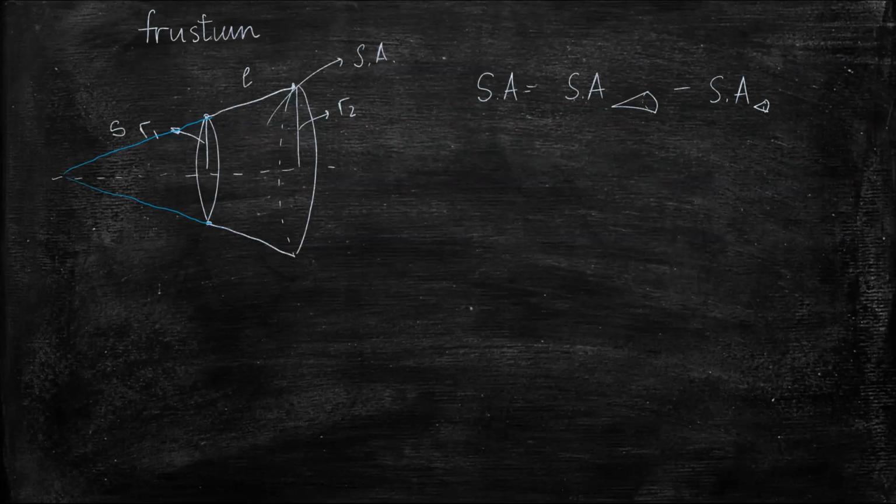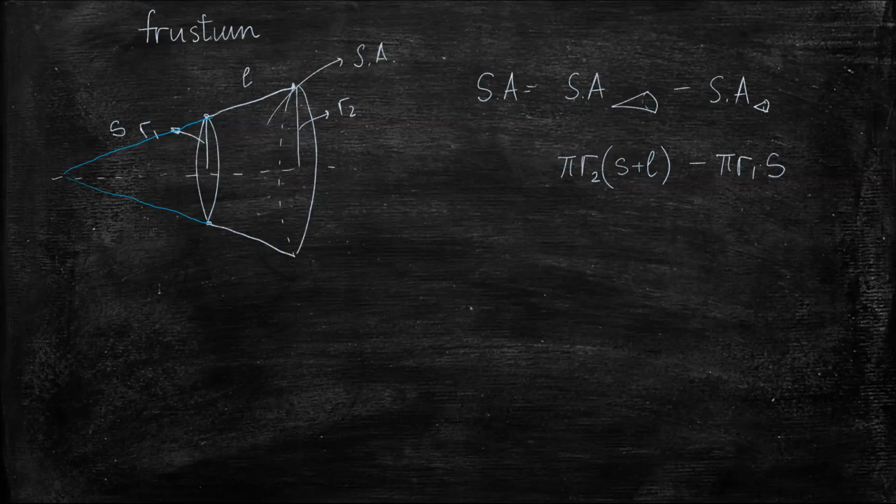Let's call this S. So this piece of a line segment, and then the surface area of the bigger cone will be pi r2, and remember it's that L, but in this case the L is the sum of these two lengths, so it's going to be S plus L, and the surface area of the smaller cone is simply pi r1 times S. So the only problem is that we don't know what S is. It was created geometrically.